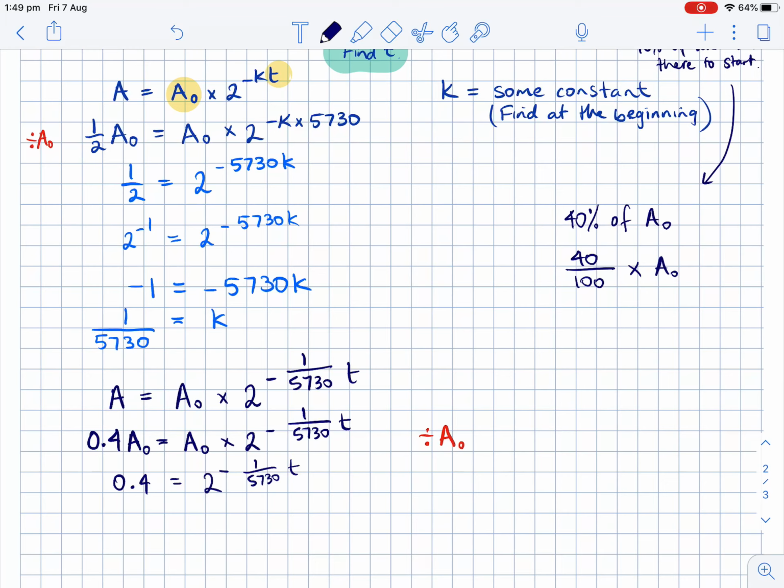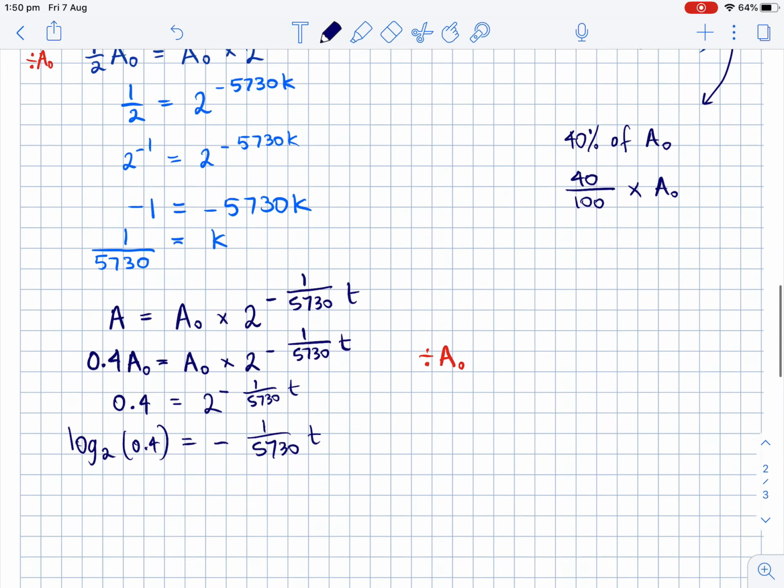And to do this, I'm going to start by taking, I was trying to do it with a base of 2. I'm actually going to do log to the base 2 of 0.4 equals negative 1 over 5,730t.